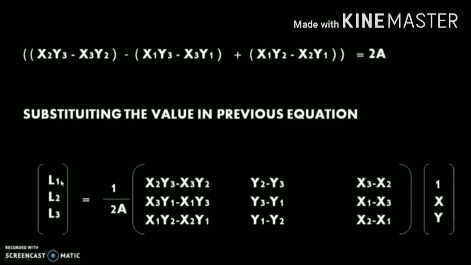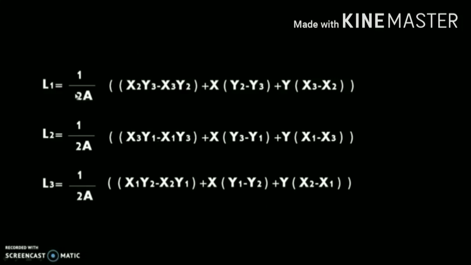We can expand this matrix and find out the expressions for L1, L2 and L3, which will give L1 equal to 1 by 2A into x2 y3 minus x3 y2 plus x into y2 minus y3 plus y into x3 minus x2, and L2 equal to 1 by 2A into x3 y1 minus x1 y3 plus x into y3 minus y1 plus y into x1 minus x3.